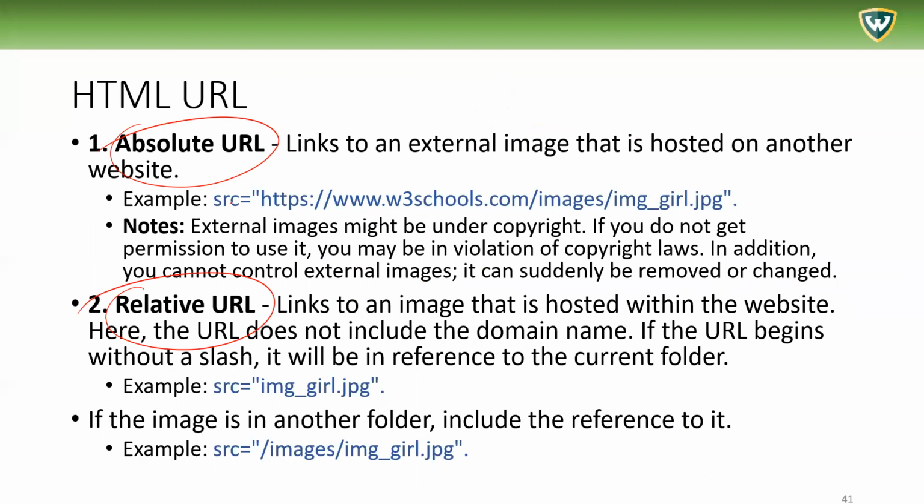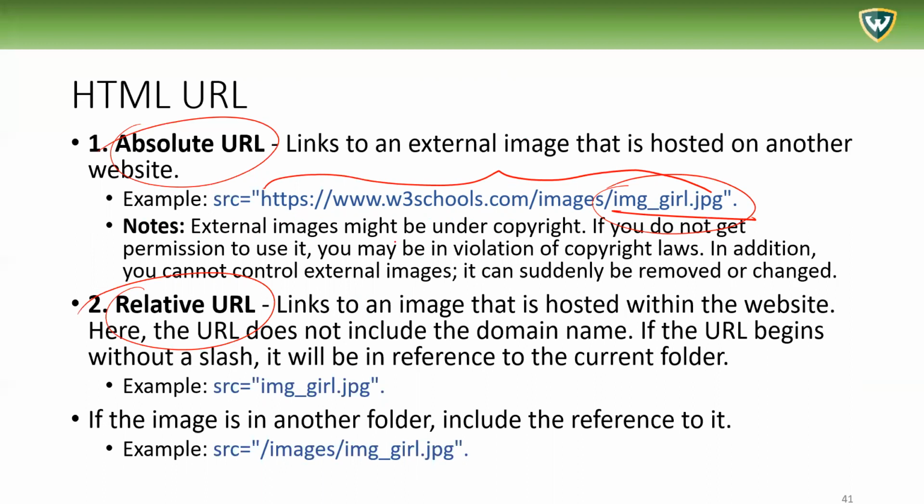So for example, if you have an image tag and you have the source attribute, src equals, and then you want to link to an image on another website, you can add just the whole address here, and that's the beauty of the URL. From your own web page, you can link to an image that is located on another website, on another computer, and maybe in another country.